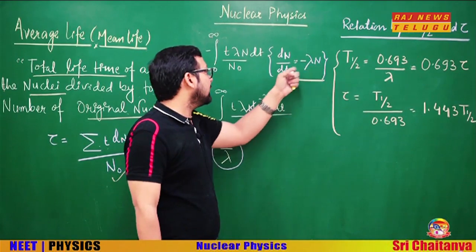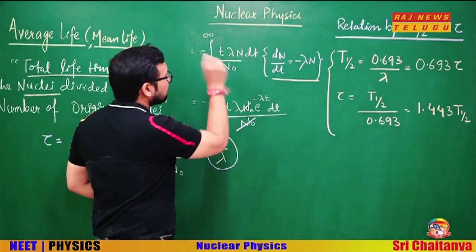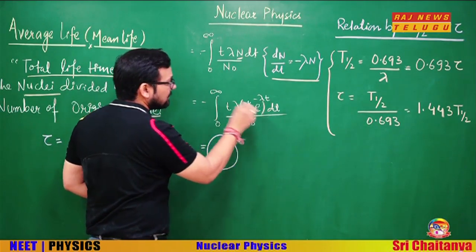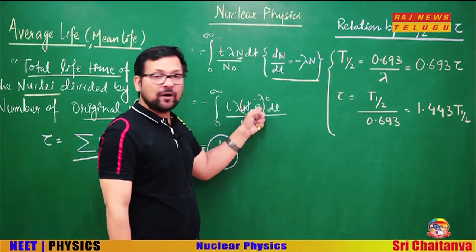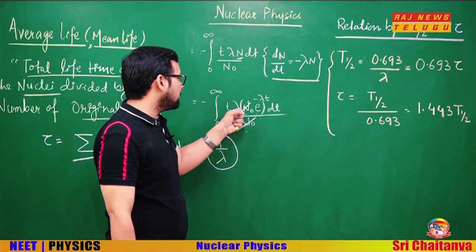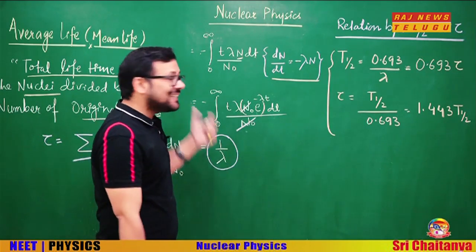Minus lambda N dt. And N is N naught e raised to power minus lambda t, the exponential law. So N naught cancelled, and t lambda e raised to power minus lambda t dt is left.